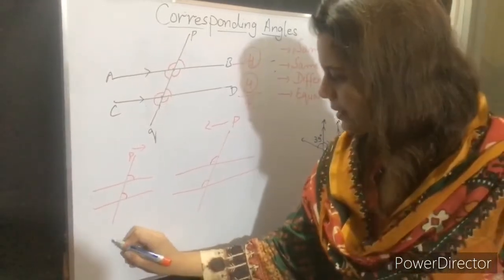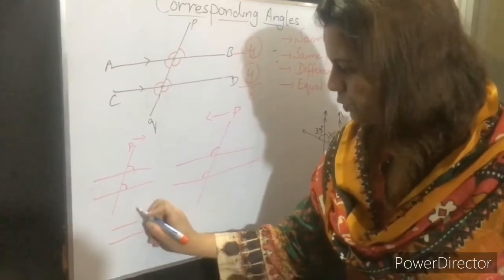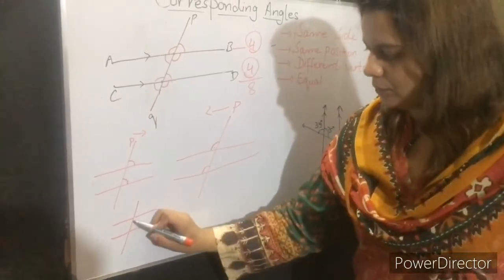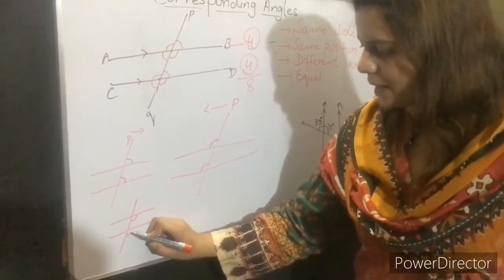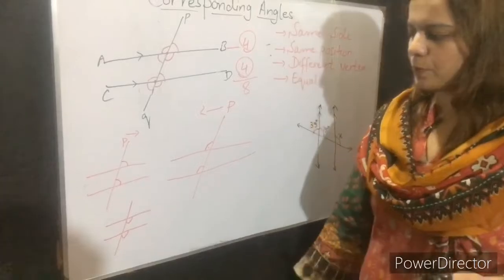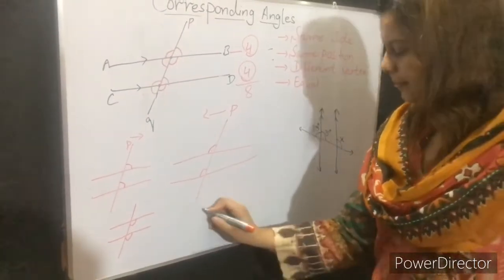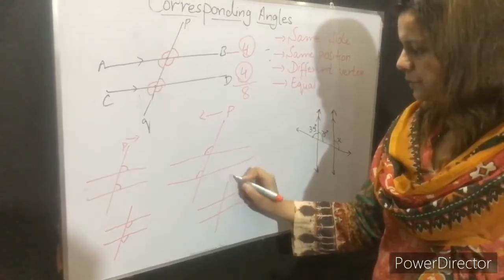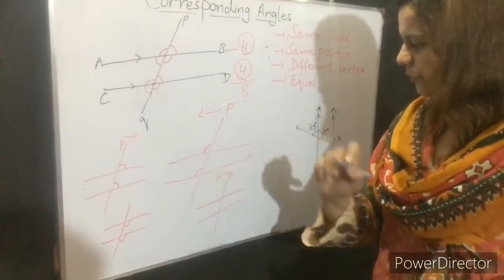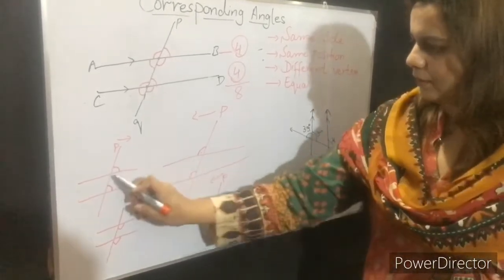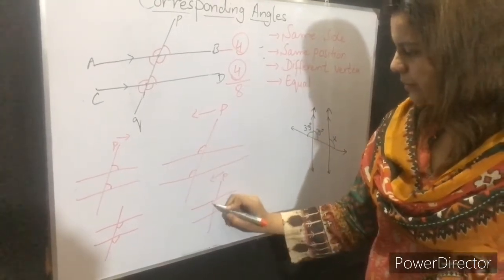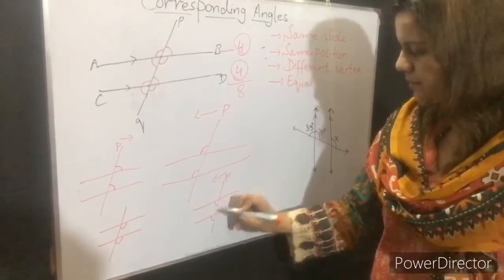And in another case we have two parallel lines cut by a transversal, down and this down, both are corresponding angles. This line is P and right of P, this one is up and now down, and this one is down.